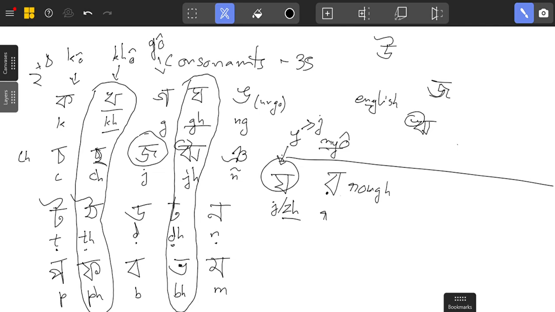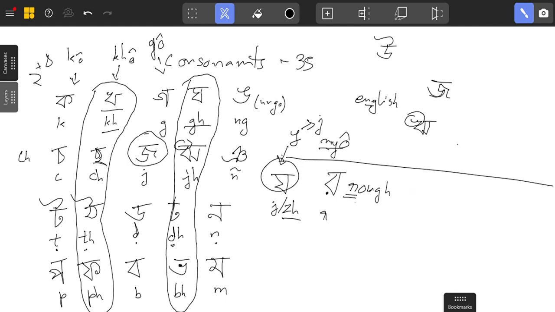I don't have any other example. You're supposed to pronounce it properly, the R. It's not R, but raw. You're supposed to touch the tongue to the palate. Raw.